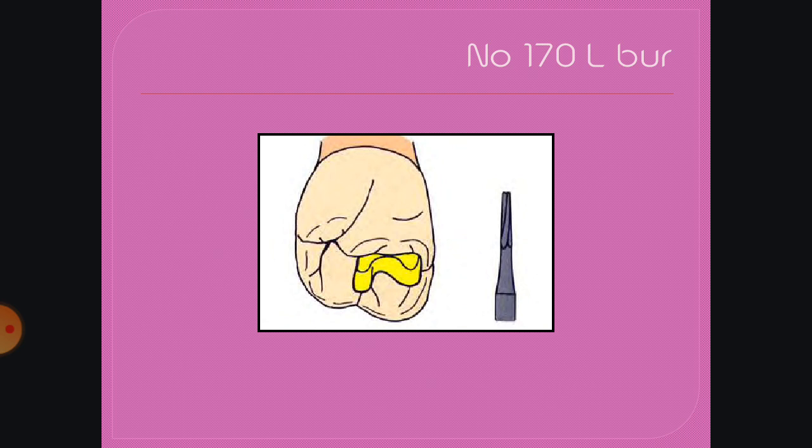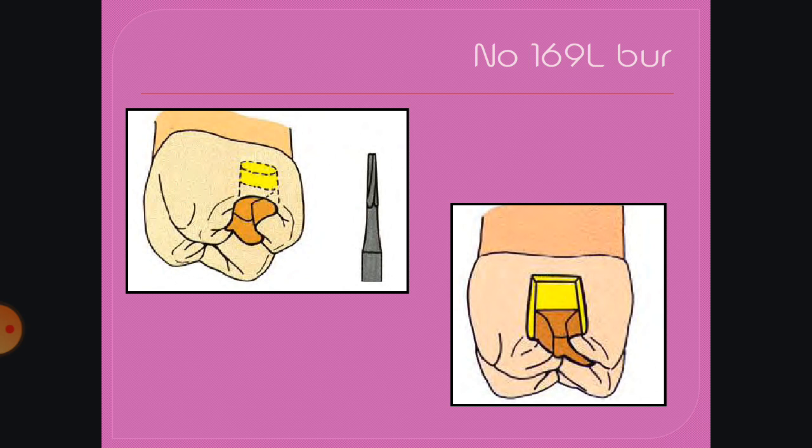Once the occlusal outline is completed, we move on to the next preparation, using the 169 L burr. We undermine the marginal ridge. So with the 170 L burr, we prepare the occlusal surface, then we undermine the marginal ridge for the proximal box preparation with the help of the 169 L burr.